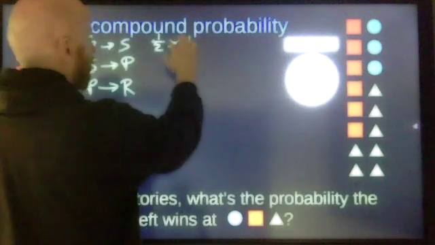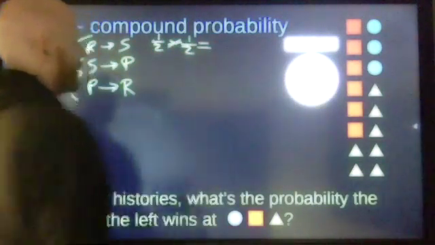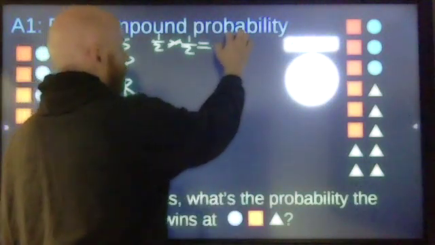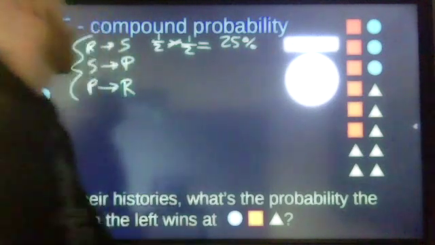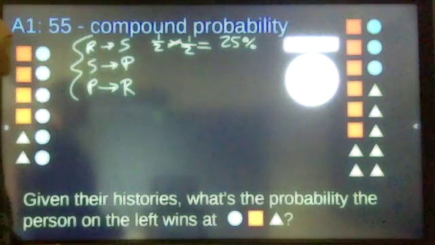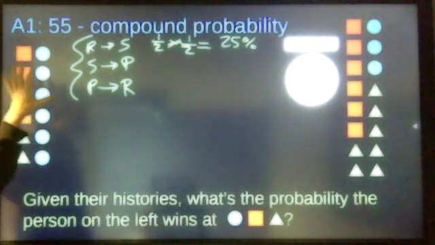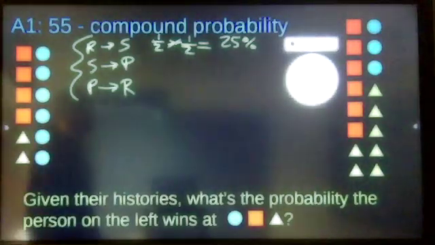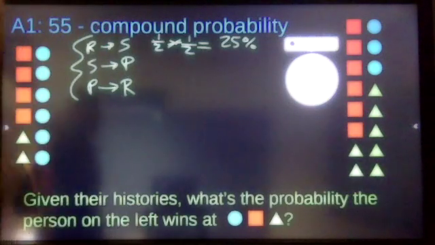Probability that both things happen, 1/2 times 1/2, is 1/4, 25%. So 25% of the time, this person will win if they choose rock, based on the histories.